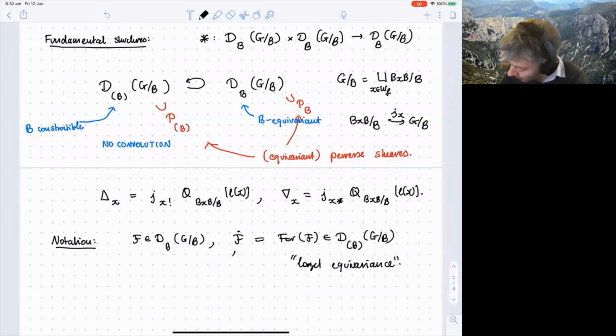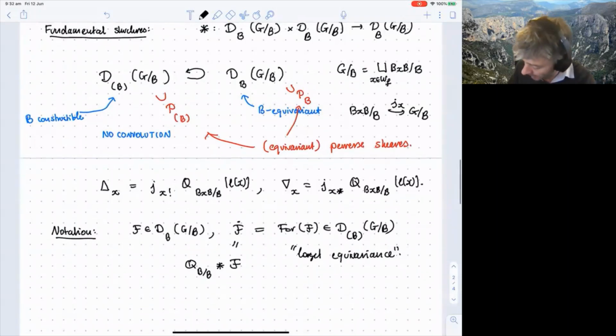And you can see that this is actually another way of getting this object: taking the unit and convolving on the right by F. That's another way of saying what this F dot is.